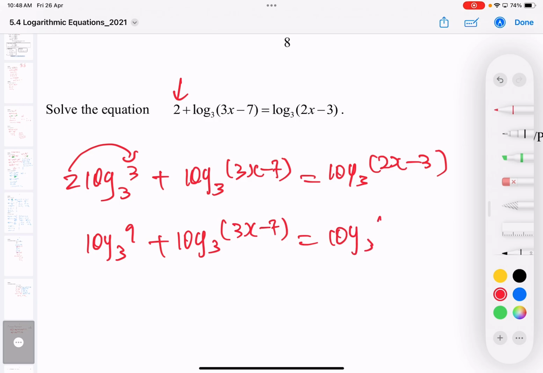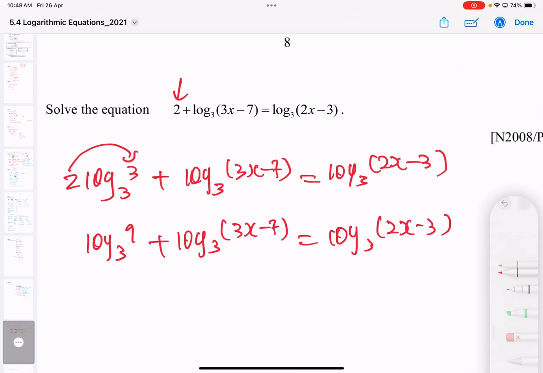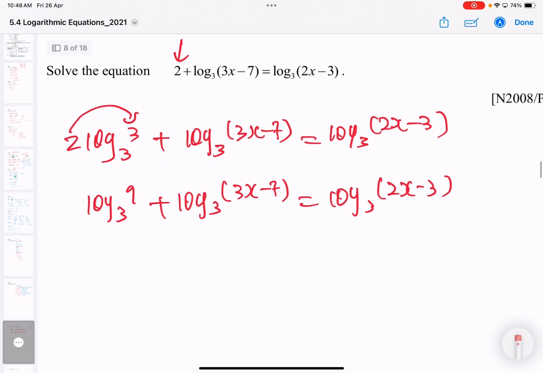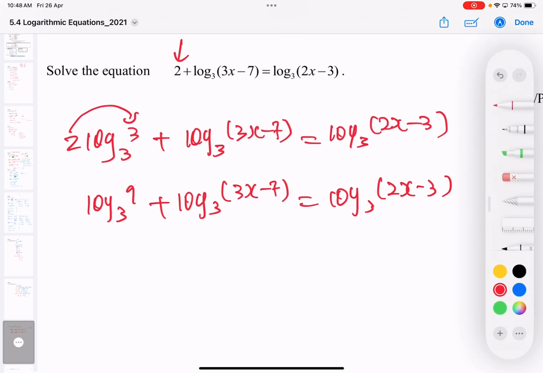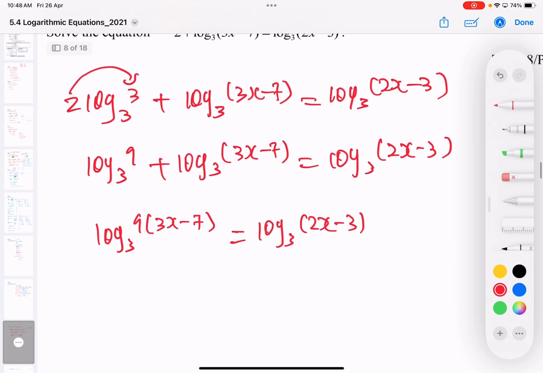Let's quickly go through all this question because actually today I want to finish this chapter. I want to start revision next week already. So plus just means I can combine the two logs. 9 times 3x minus 7 equals log 2x minus 3.